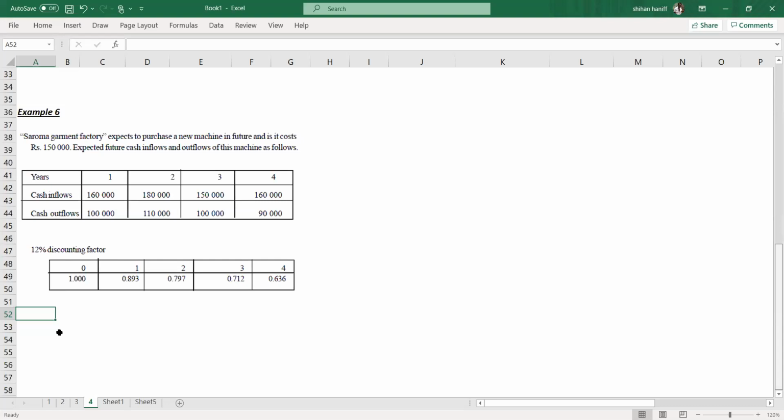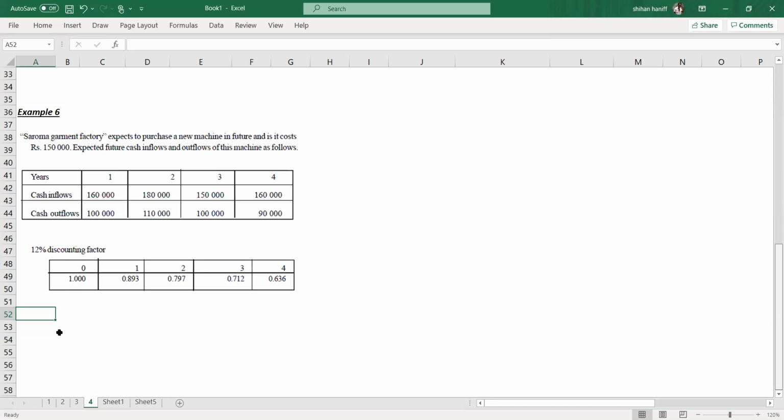Saroma Garment Factory expects to purchase a new machine in future and its cost is 150,000. Expected future cash inflow and outflow of this machine is given. Two machines, it's only one. Investment is 150,000.